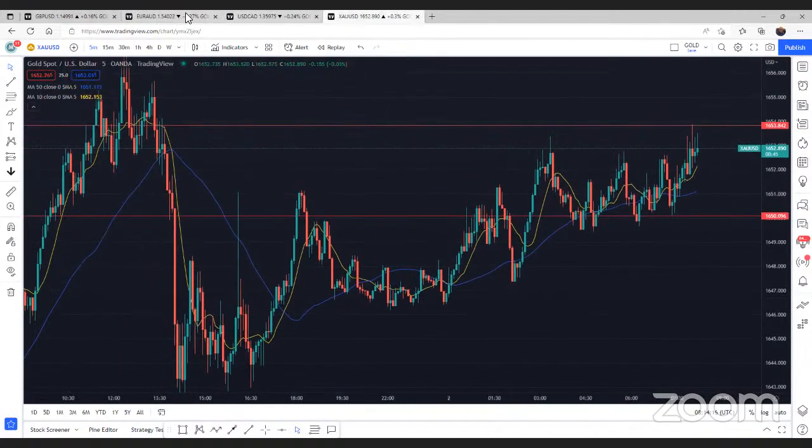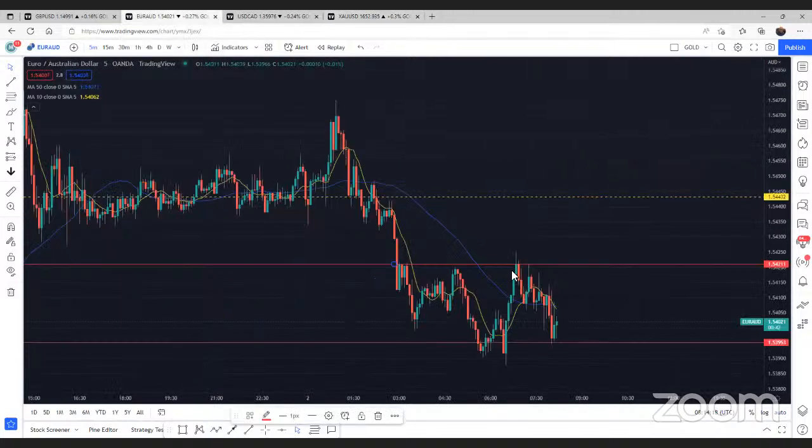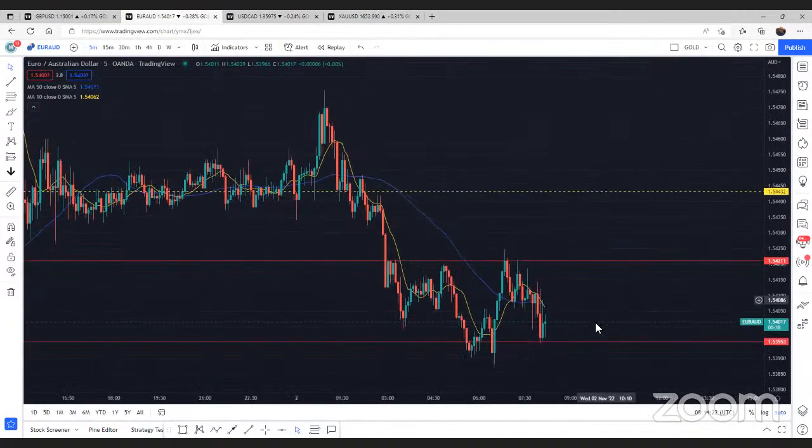Okay, so how about Euro Aussie dollar? That's the other pair I love to trade.